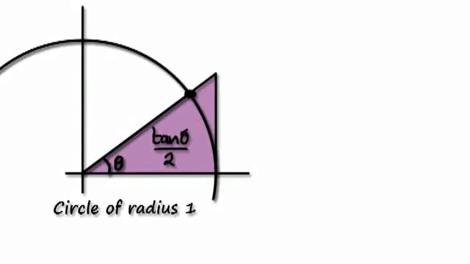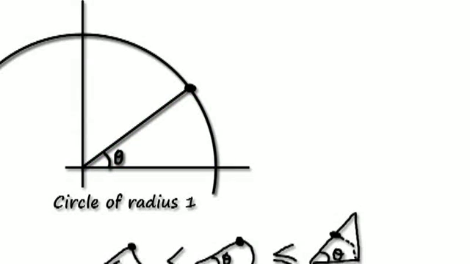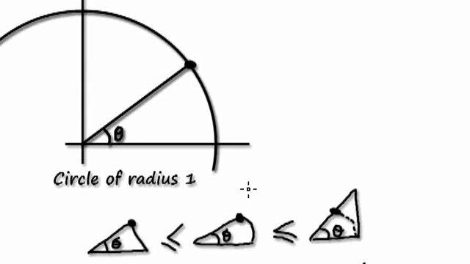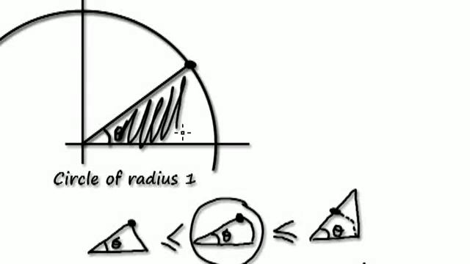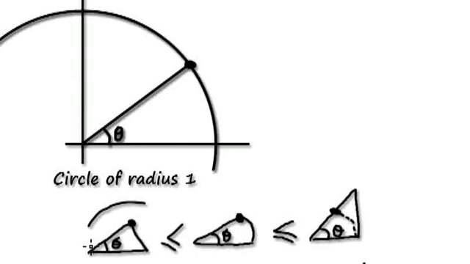Okay, so my point is that this area here is this circular segment here, and this here is this small triangle here.